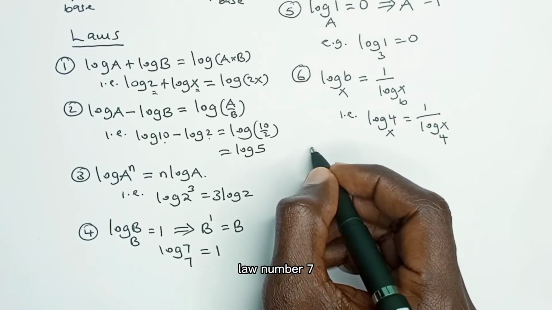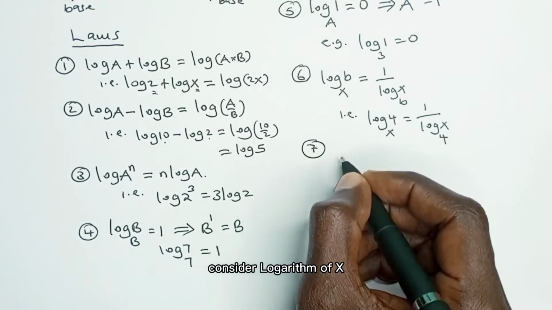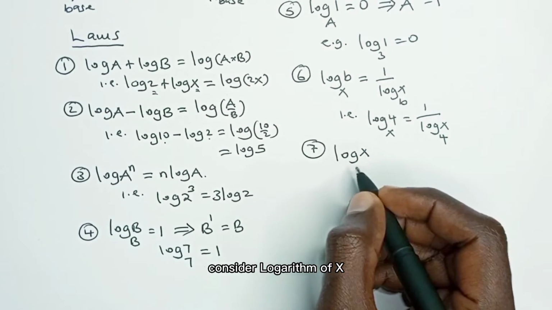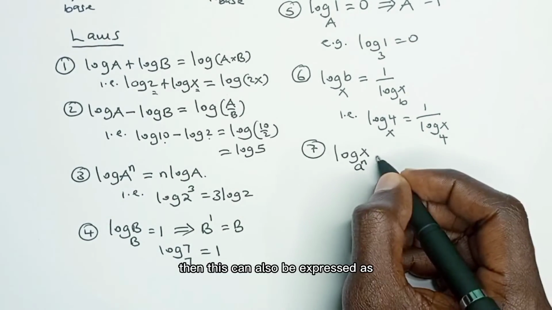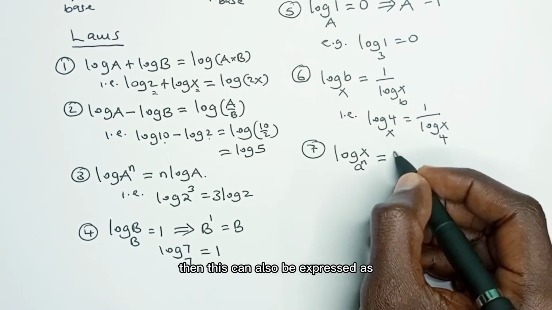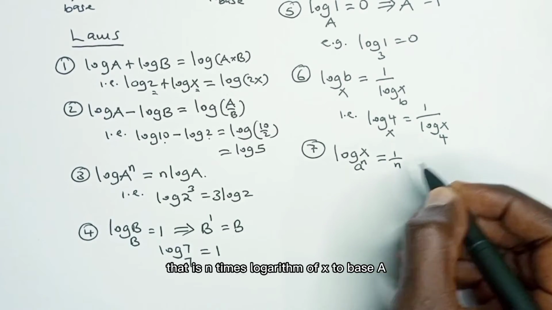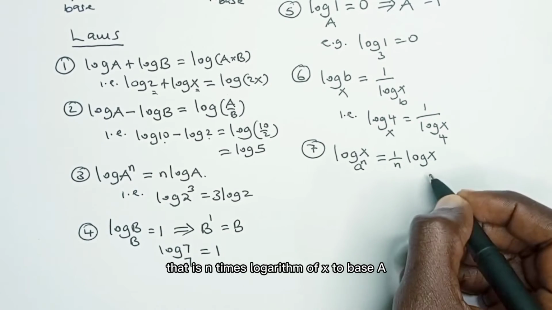Law number 7. Consider logarithm of x and then the base is an exponent. Then this can also be expressed as 1 over the exponent of a, that is n, times logarithm of x to base a.